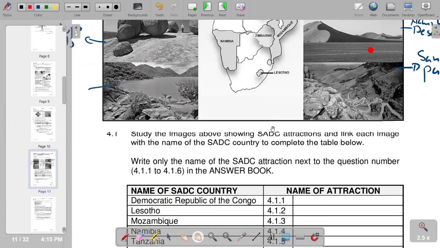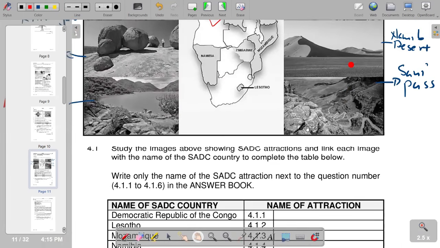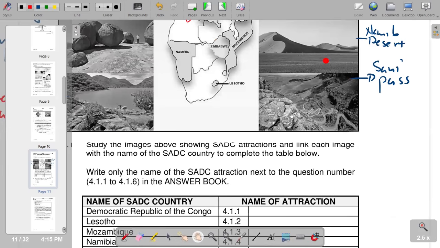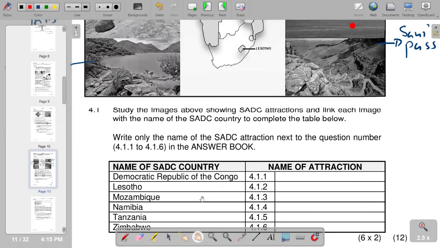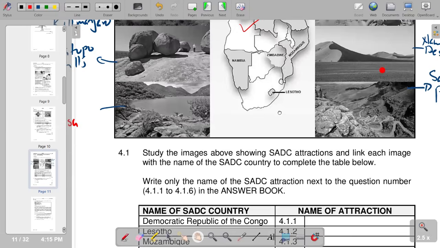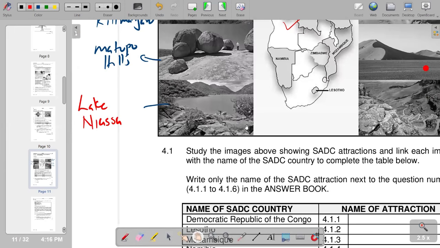The one that we find in Lesotho is the Sani Pass, which we are having on this part. We go to Mozambique. So for Mozambique, we have got Lake Nyasa, which we are having on this part.